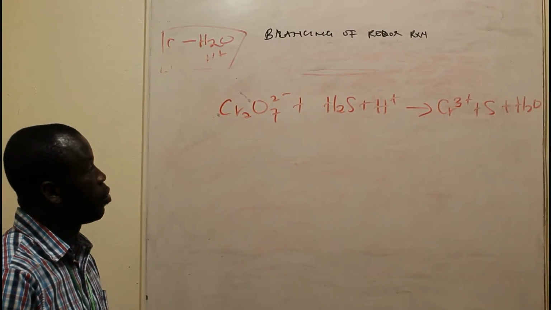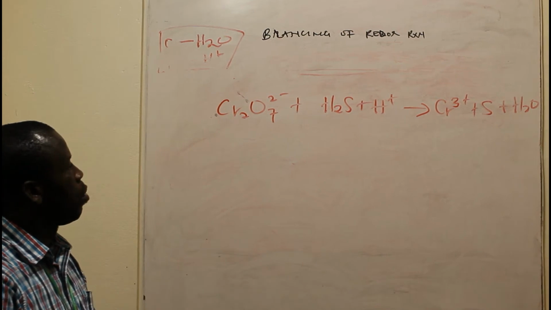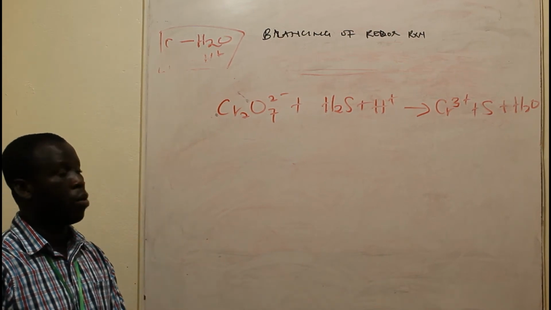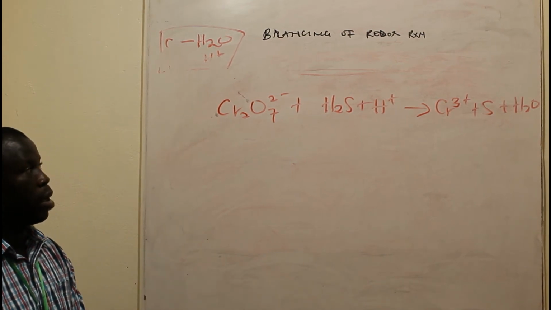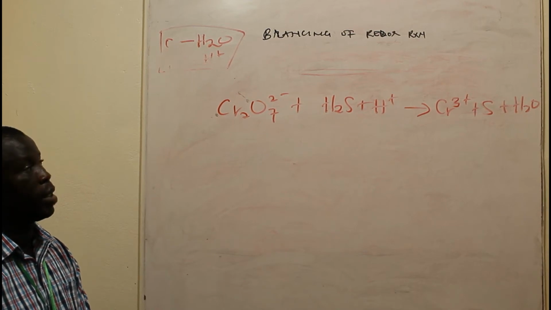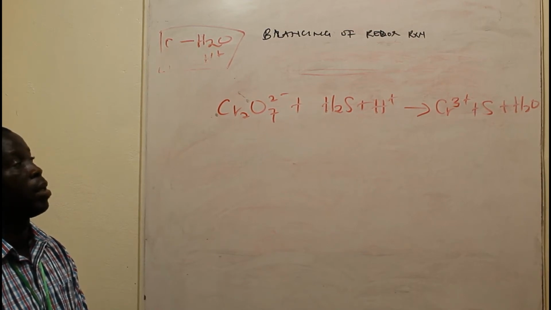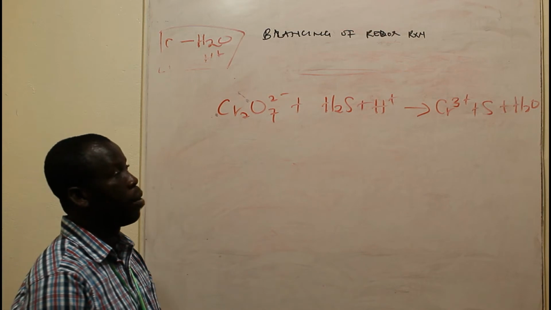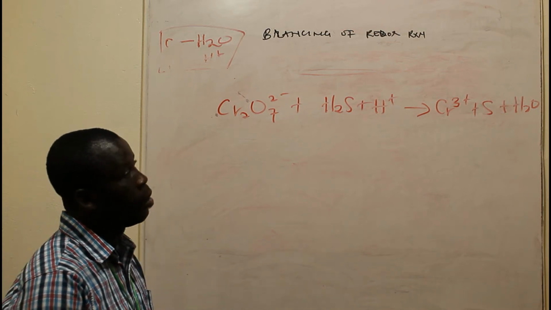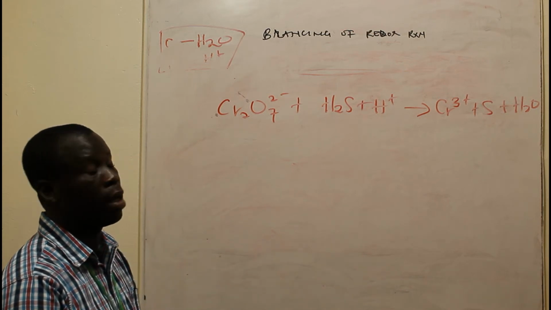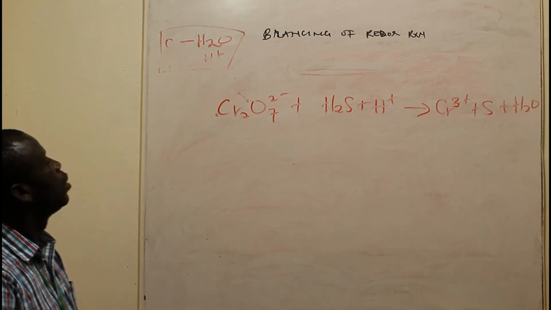Now let's continue with the next question. Now we have chromate ion plus hydrogen sulfide plus H+ to give chromium 3+ plus sulfur and water.